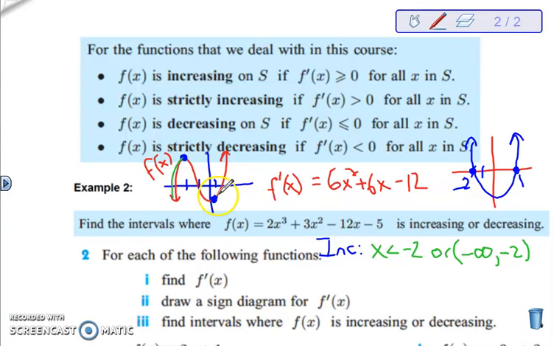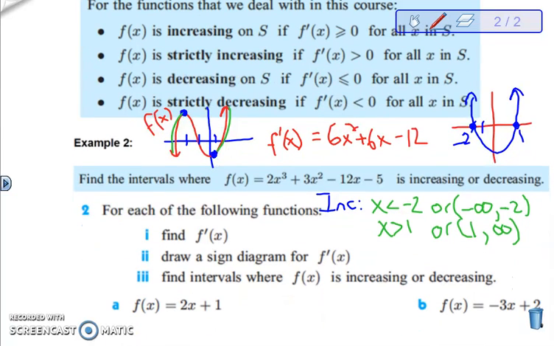And then we're increasing again when x is greater than 1, or we can say from 1 to infinity. Finally, the graph is decreasing in that middle section, which has to go from -2 to 1.